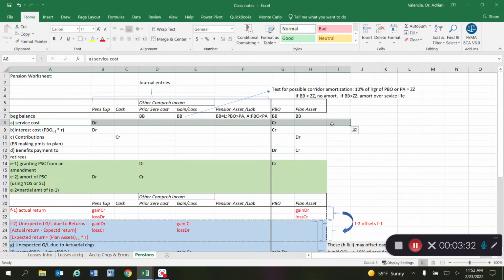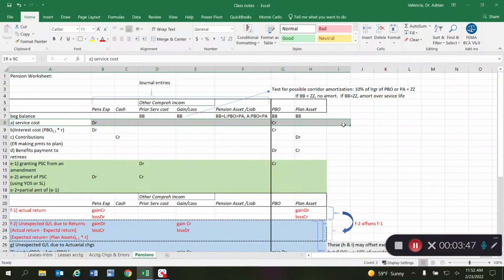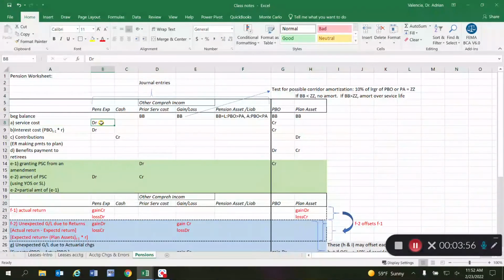Each period, the employer has to estimate, with the aid of the actuaries, the service cost of employees, and we need to include that amount in pension expense. So this is where you debit pension expense, or it increases pension expense. At the same time, we can think of it as increasing the liability.